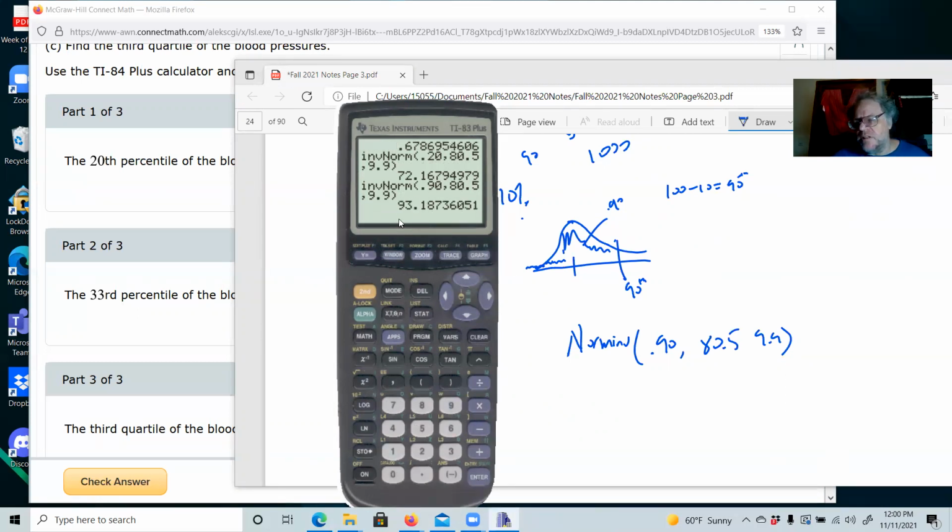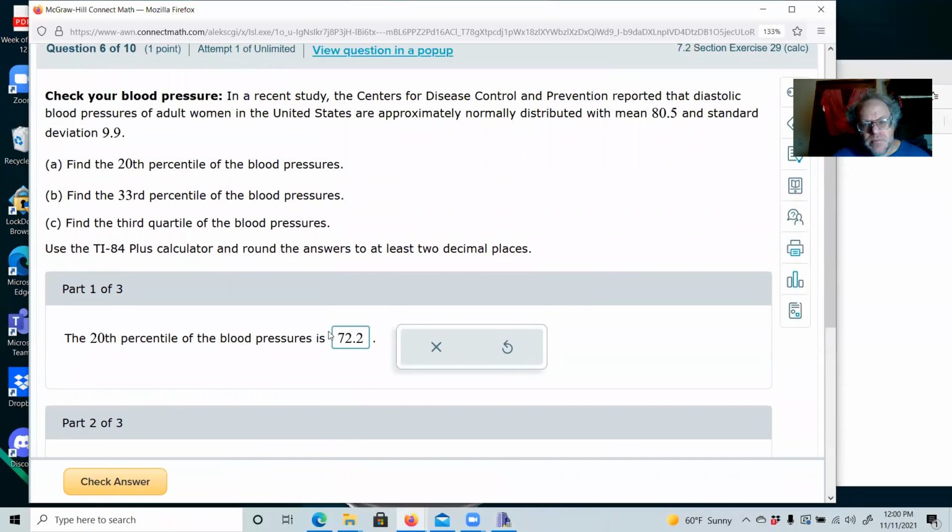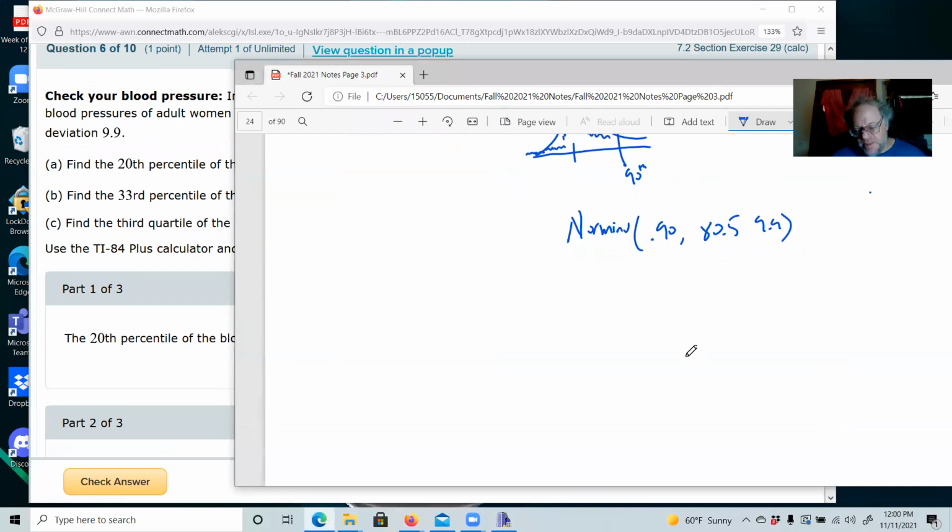So a blood pressure of 93 will be in the upper percentile for this. I think diastolic, I think that's the lower one, but I'm not sure. But that would be pretty high. So that's the kind of questions I'm going to ask you to do.